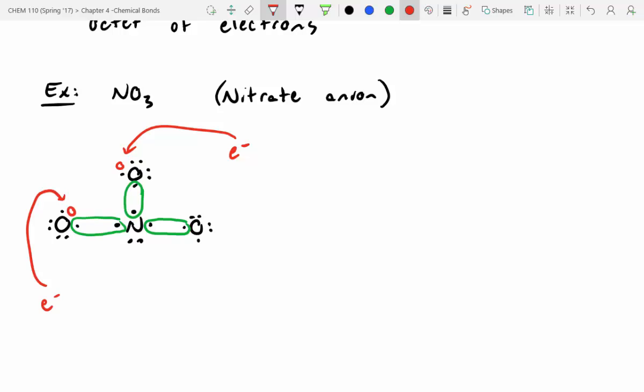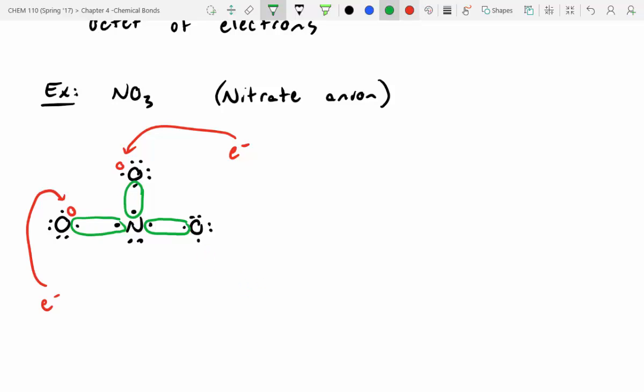Okay, there is another problem though that I'm seeing. Let's say we try to do it with this one and we say, all right, let's hook an electron into that oxygen. All the oxygens would be happy, but what do you notice about the nitrogen right now? It's got 2, 4, 6, 8 electrons. Yeah, we could try doing that, but let's try something else.